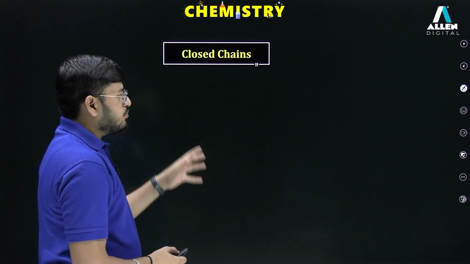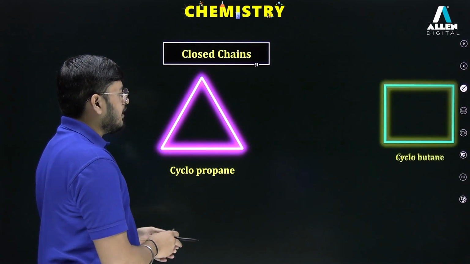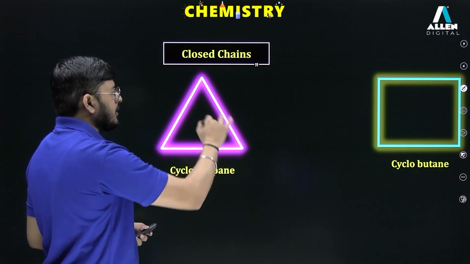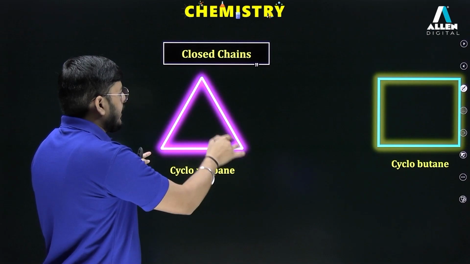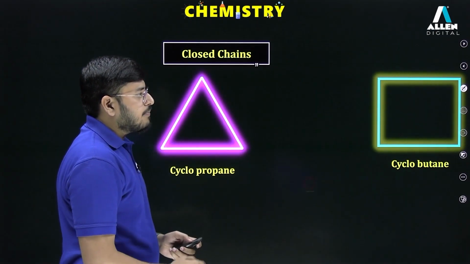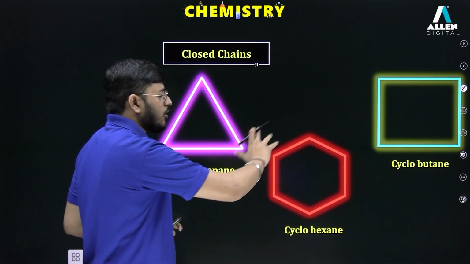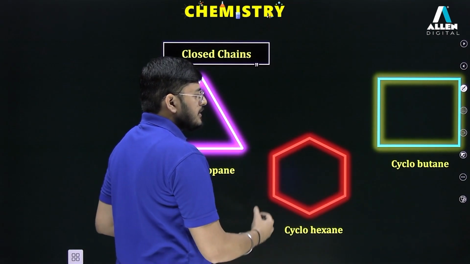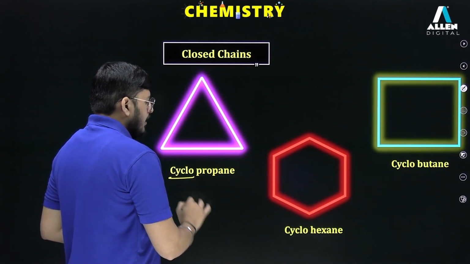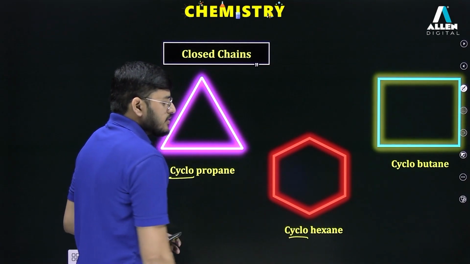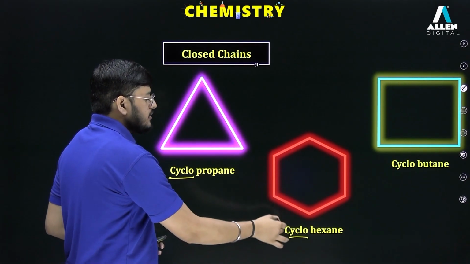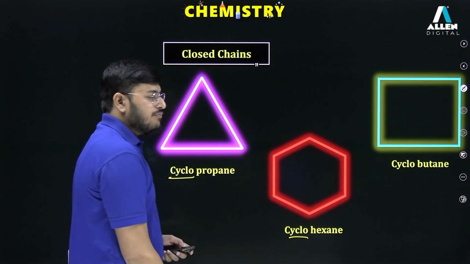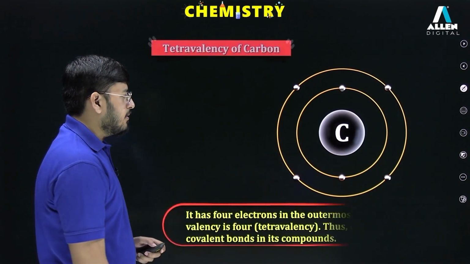Likewise, we have the closed chain, a closed circuit you can call it, in which all the carbon atoms are connected to one another. It is not an open structure, it is a closed structure. That is why the name is given with cyclo as a prefix. So we have cyclopropane, cyclohexane and cyclobutane in this case.